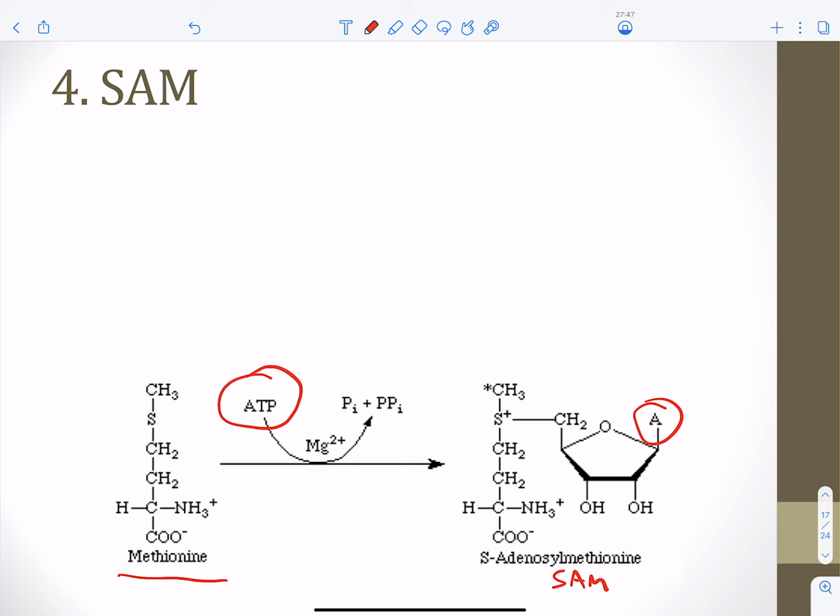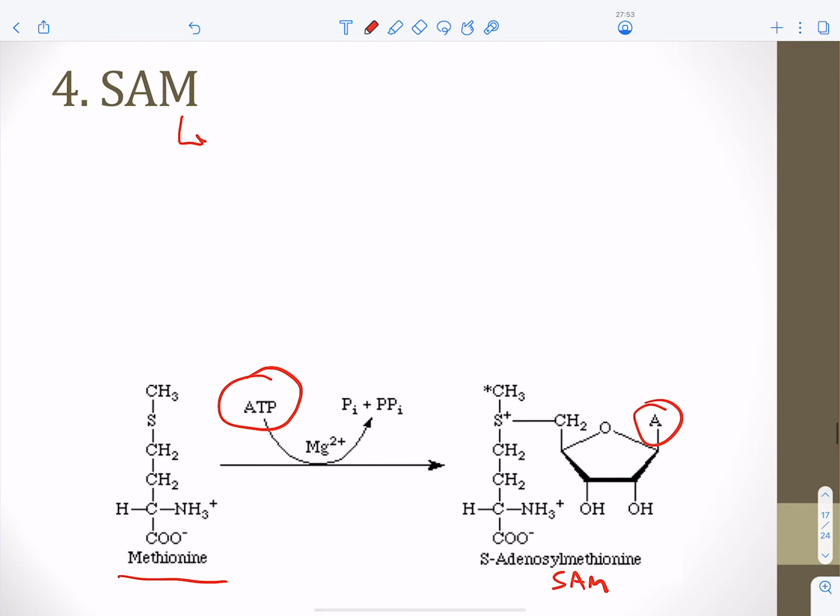And SAM is going to transfer the methyl group to precursors in a number of compounds. So SAM transfers carbon 2, for example, in formation of creatine, phosphatidylcholine, remember that story?